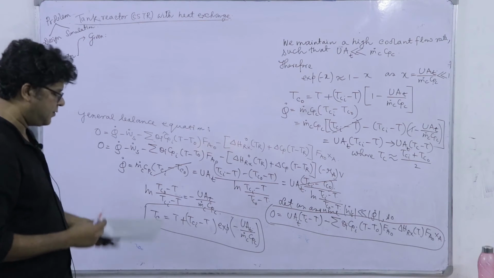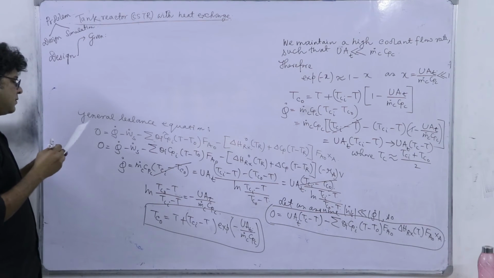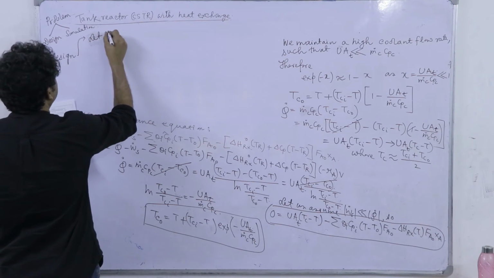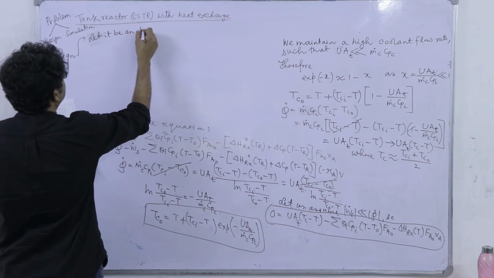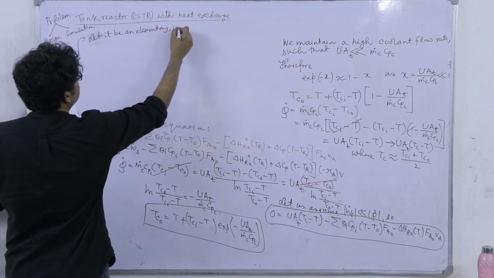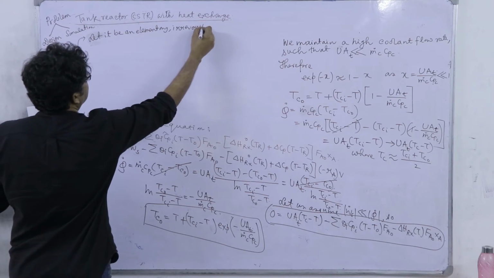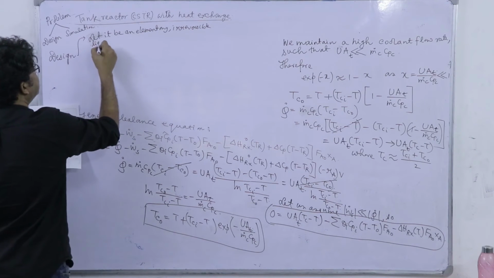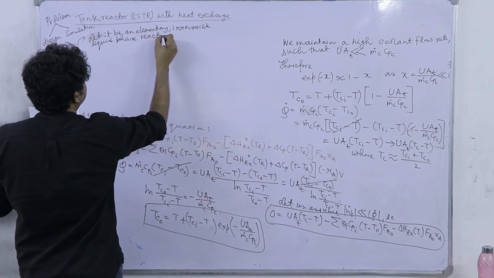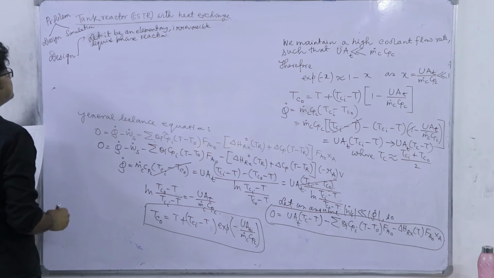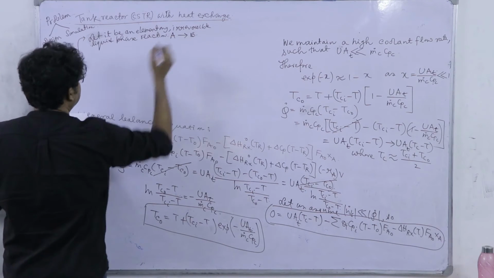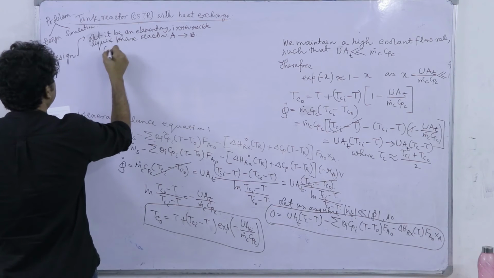Let us say it is an elementary irreversible liquid phase reaction. So, the reaction is A giving B. And what do we know?